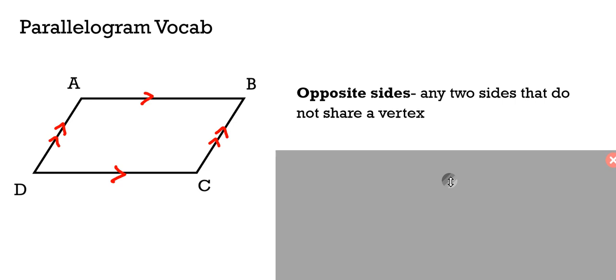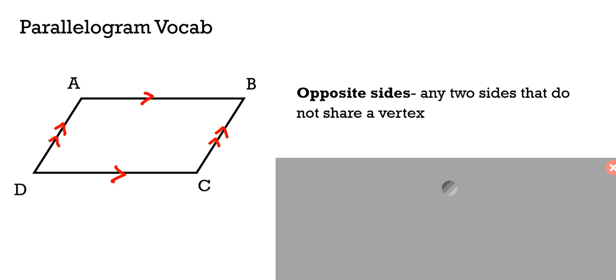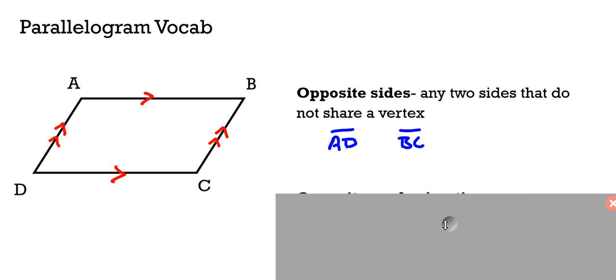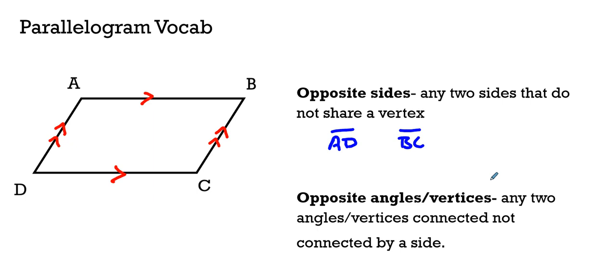Opposite sides are any sides that do not share a vertex. So if we're looking at AD and BC, all the letters are used if you're naming a pair of opposite sides. No letters in common. If they have letters in common, they're not opposite because they are consecutive. And opposite angles are two angles or vertices not connected by a side.